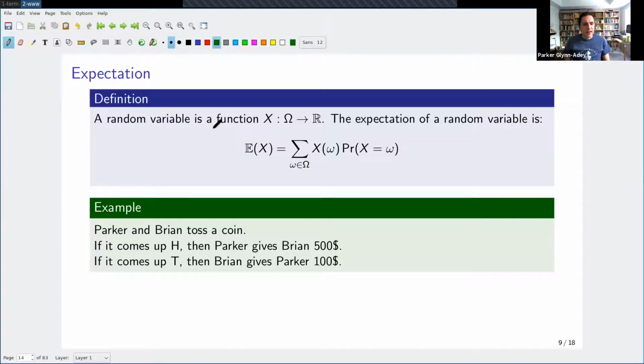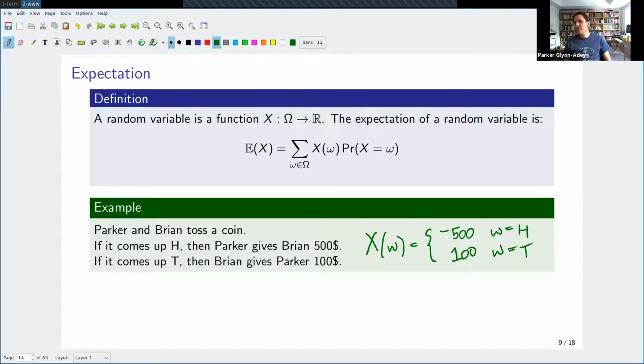So our random variable here is x, which outputs, let's see, from my perspective, I lose $500. And from my perspective, I gain $100.